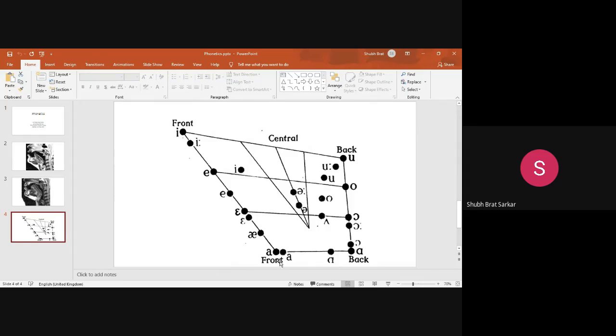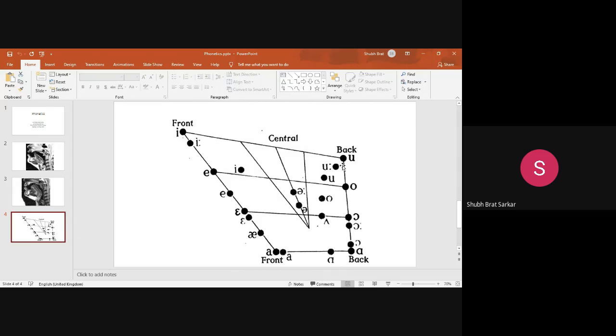When the front of the tongue moves towards the front of the roof of the mouth, we have front vowels. When the center of the tongue moves towards the center of the roof of the mouth, we have central vowels. When the back of the tongue moves towards the back of the roof of the mouth, we have back vowels.